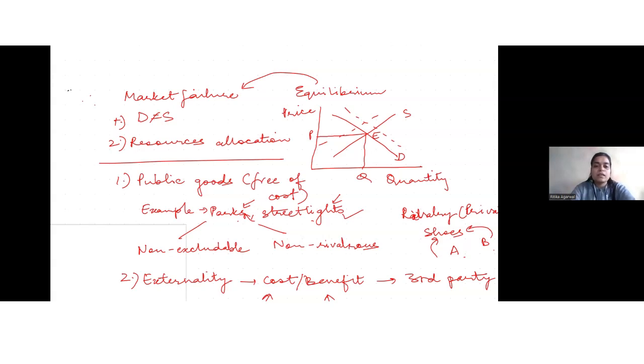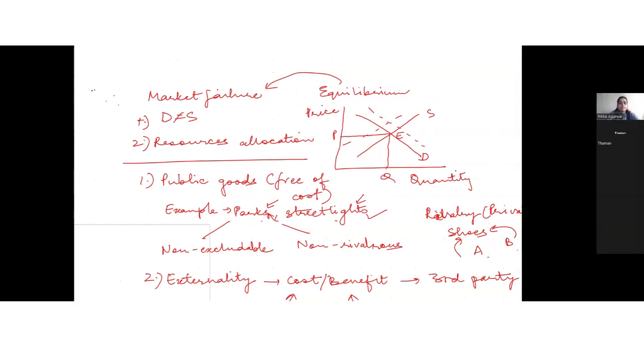What is MPC? Marginal private cost. Correct. What is MPB? Marginal private benefit.